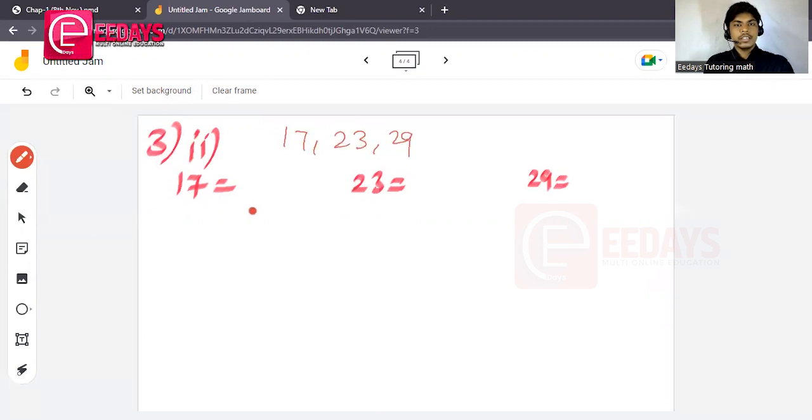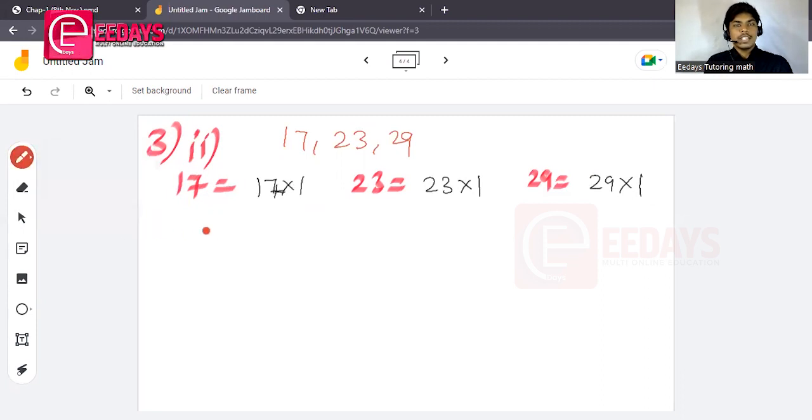For 17, 17 is a prime number, so we write only 17 to the power 1. 23 is also a prime number, that's why we can write 23 to the power 1. 29 is also a prime number, 29 to the power 1. Why? Because it is not divisible by 2, 3 and all those numbers, so we can write directly like this.